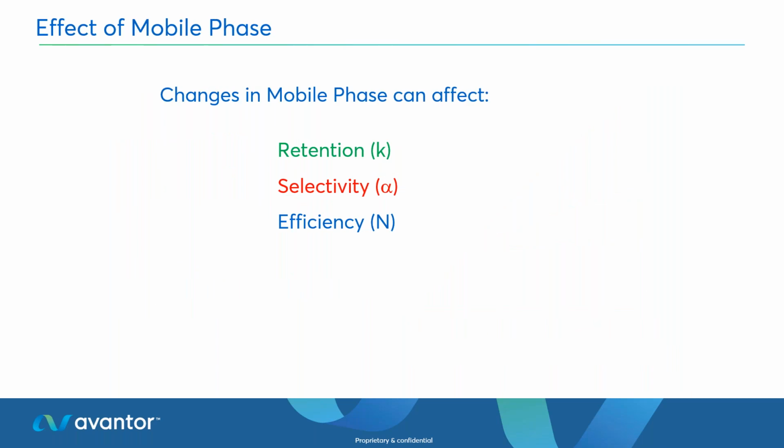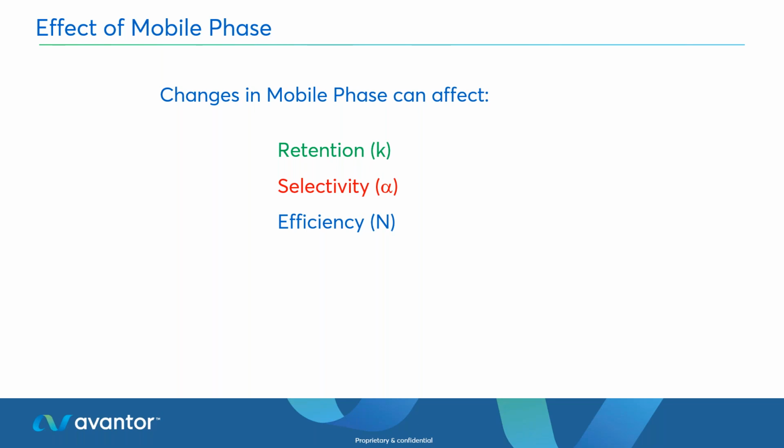So as I mentioned, the choice of mobile phase, and by that I mean the solvents, the additives, the buffers, these can influence retention, selectivity, and efficiency within your HPLC or UHPLC method.